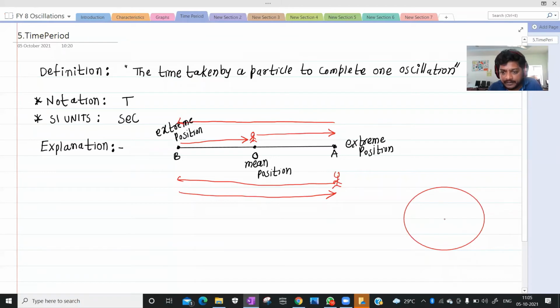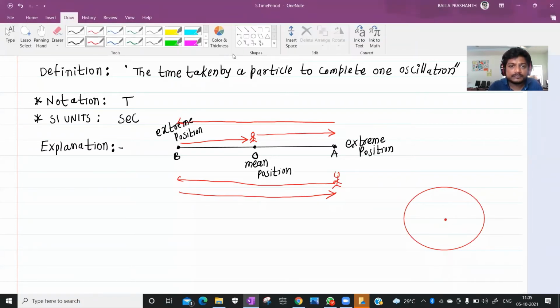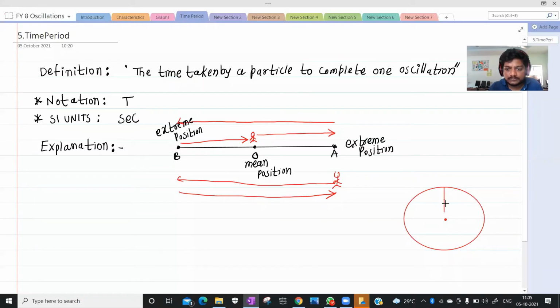See, in the reference circle, we have the center and the radius. This is the reference circle we have taken.